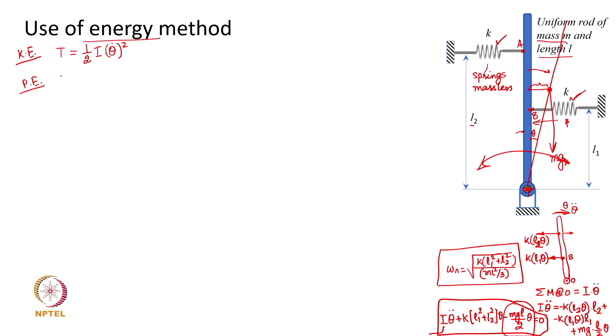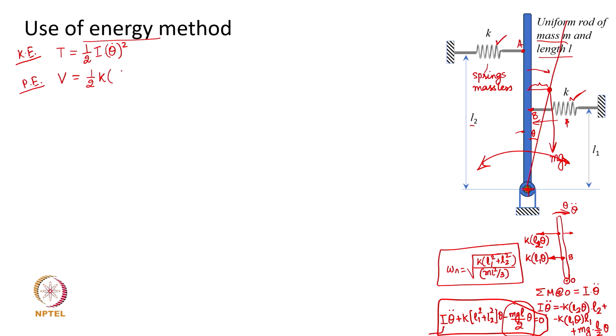So, the expression for the potential energy V is going to be the energy stored in the first spring. This is the first spring at the top, let us say K, and the strain energy stored in the stretched spring is half K x square, where x is the elongation in the spring.